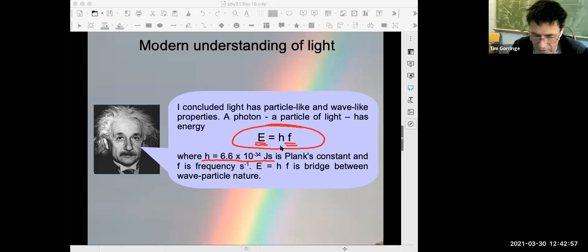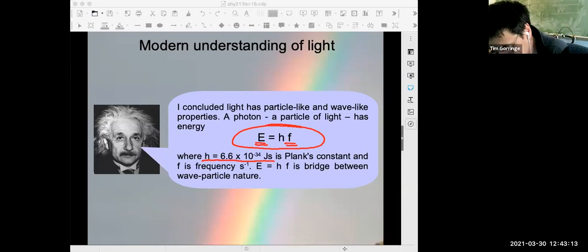And so this simple little equation is really the bridge between these dual natures of light, between the particle-like properties and the wave-like properties.